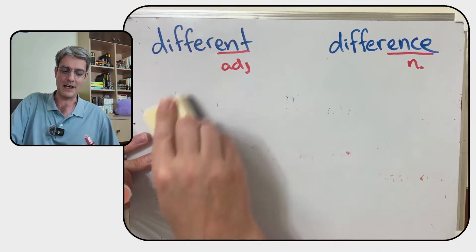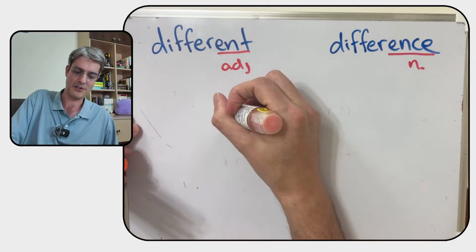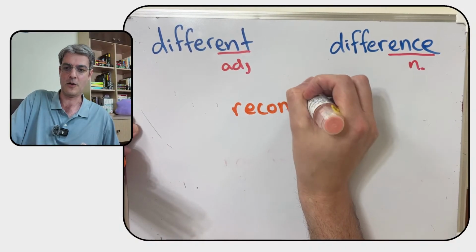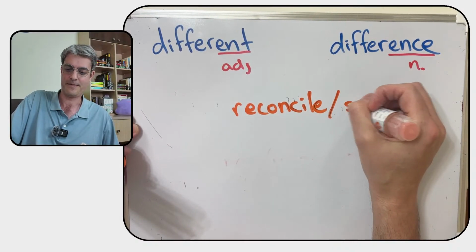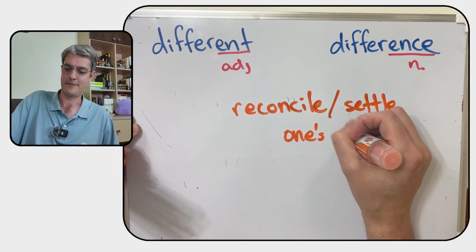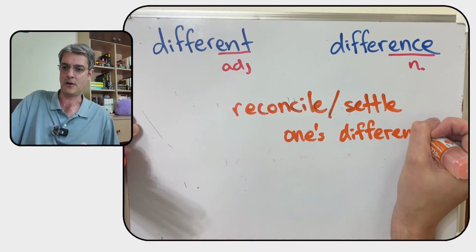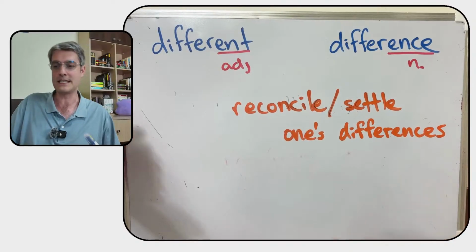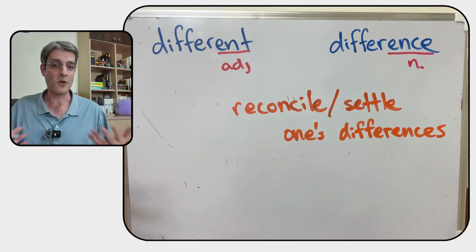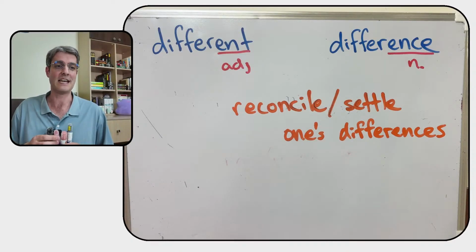Another useful expression we have here is to reconcile or settle one's differences. This is a pretty advanced one. So when we reconcile our differences, or when we settle our differences, it means we end a disagreement or argument, usually by finding a compromise and reaching an understanding.